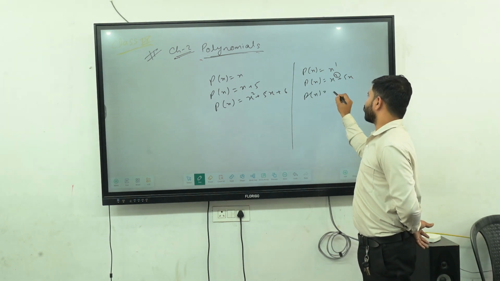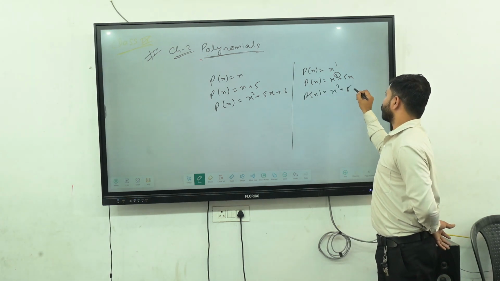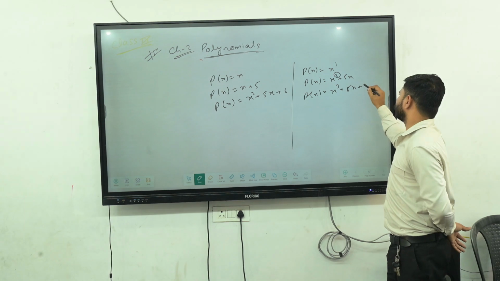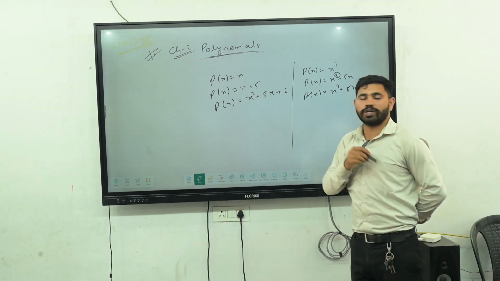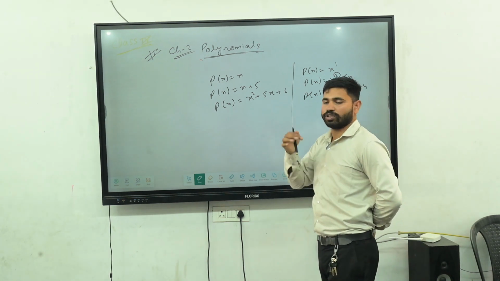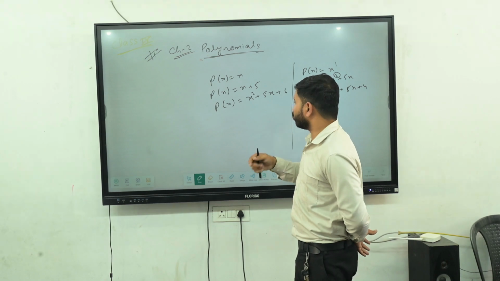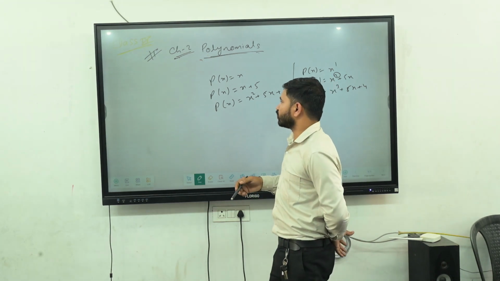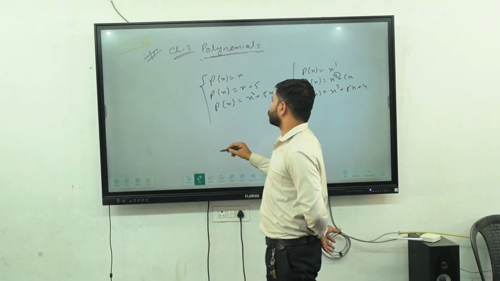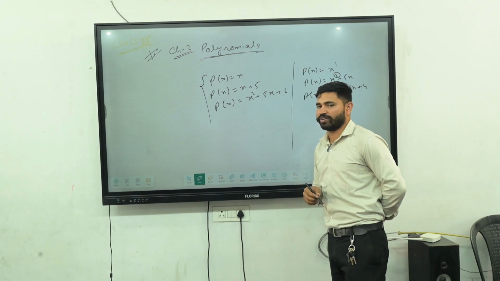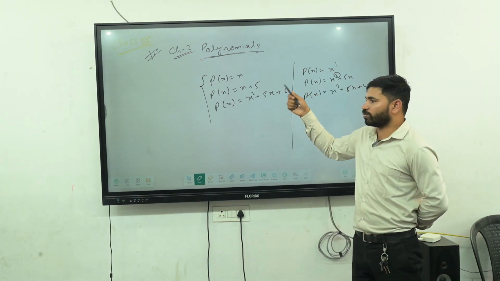P(x) equals x to the power 3 plus 5x plus 8, this is called a cubic polynomial. So in the first chapter we classify polynomials in this form: linear, quadratic, cubic, monomial, binomial or trinomial.